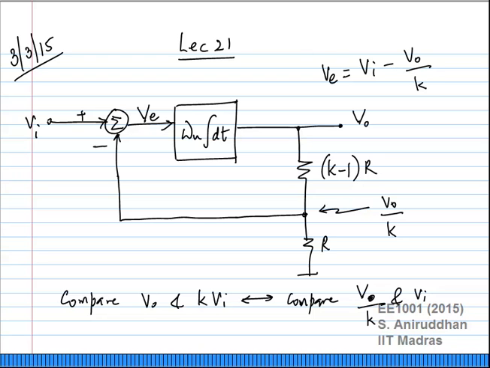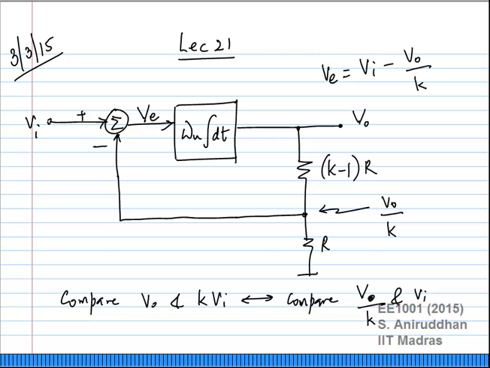What is going to happen? We know that VO will not change only when VE is equal to 0. If VE was anything other than 0, the controller will integrate that VE and change the output appropriately.